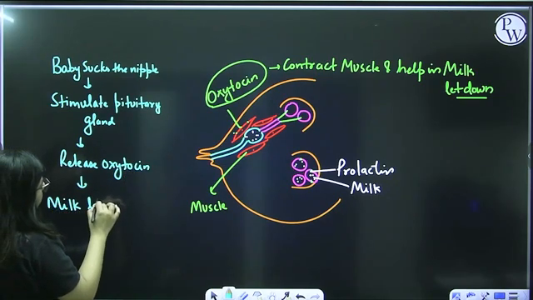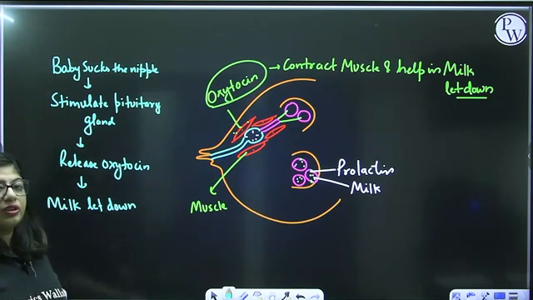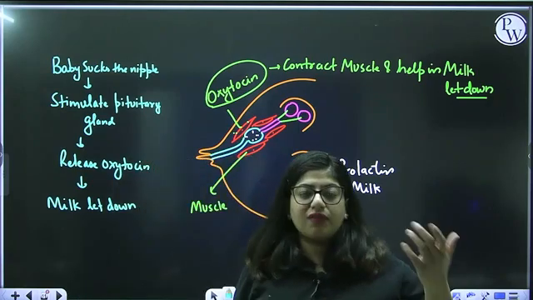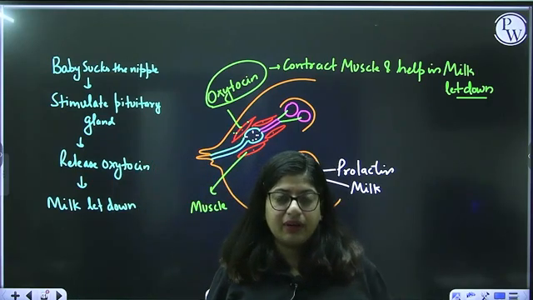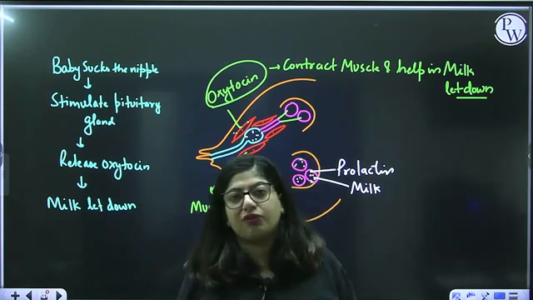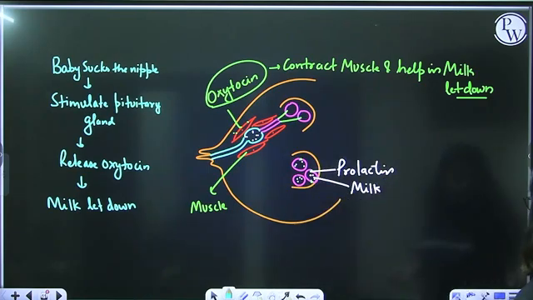How? By contraction of muscles. So this is how the milk is formed and released. Prolactin is always higher after pregnancy, right? But oxytocin is usually stimulated by the suckling action of the nipples by the baby. This is how the milk is produced and it comes out.